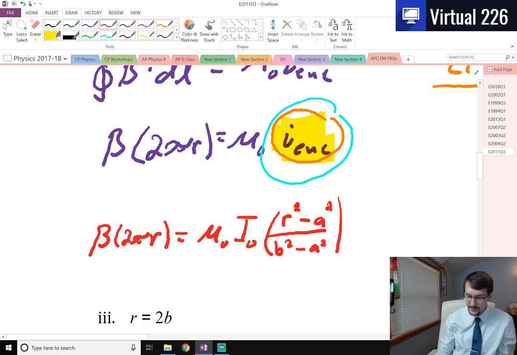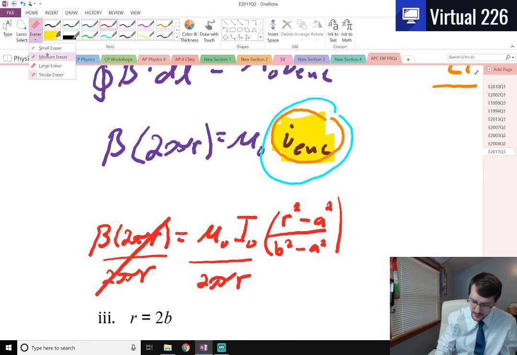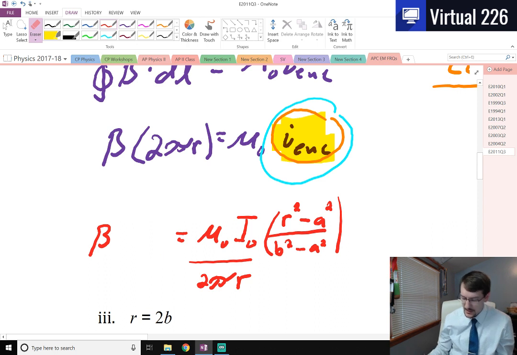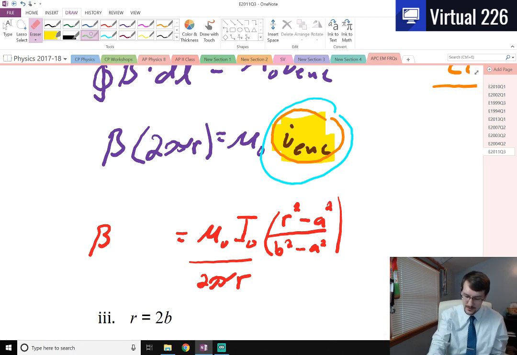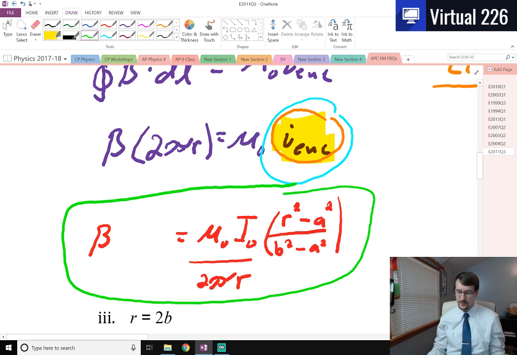And then we just need to divide each side by 2 pi r. These divide out, making life nice and easy for us. And we see that the B field at some radial distance away from the center of that wire is given by this. So that's very nice and easy for us.